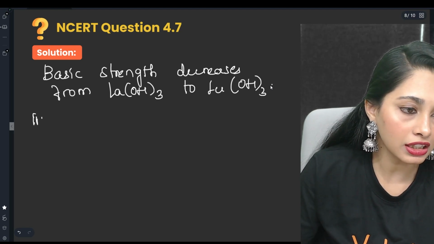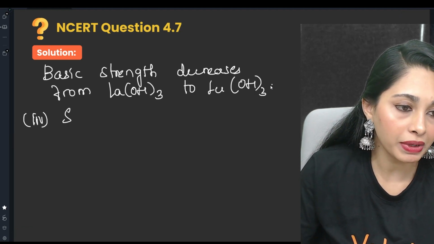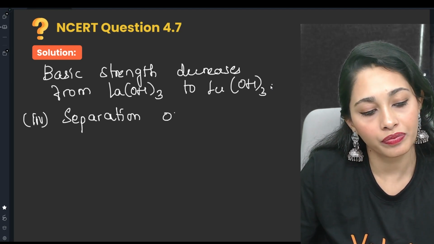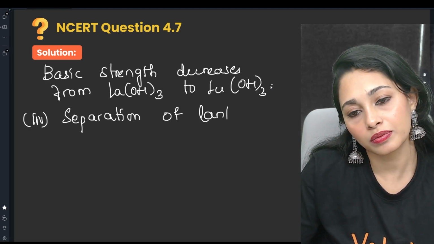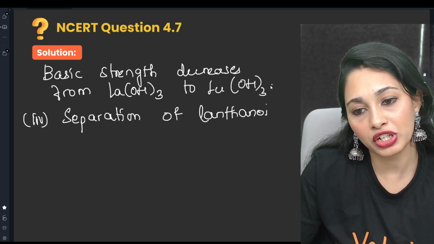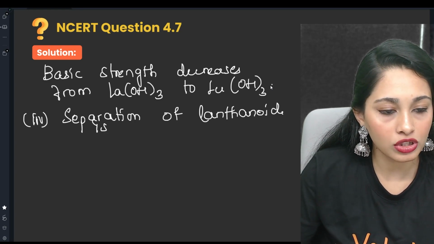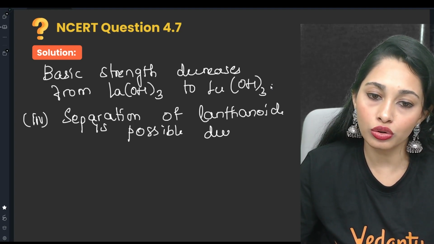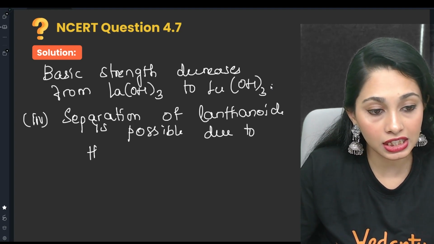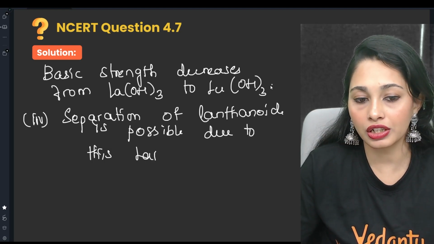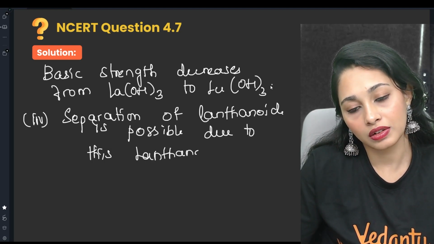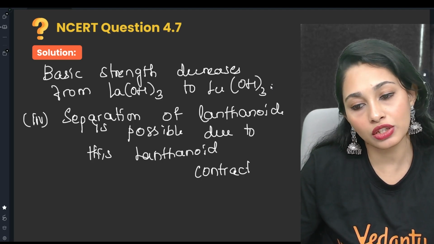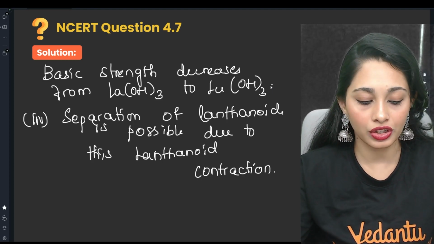And the third consequence is separation of lanthanoids. Separation of lanthanoids is possible due to this lanthanoid contraction. So these are the consequences of lanthanoid contraction.